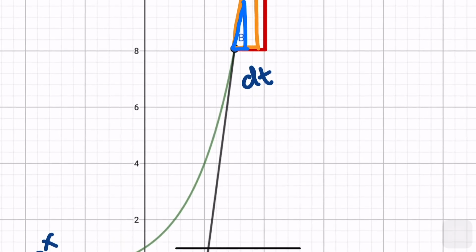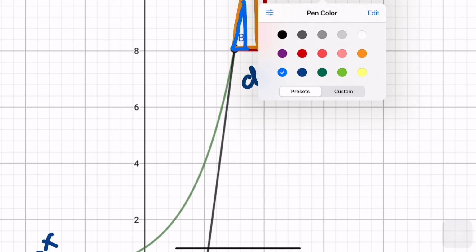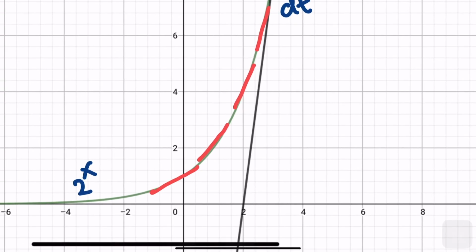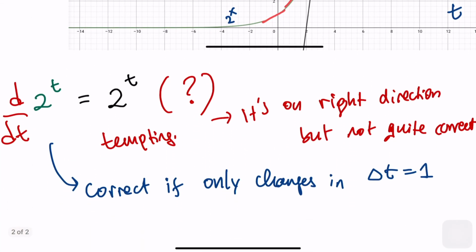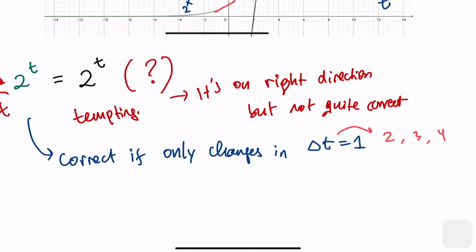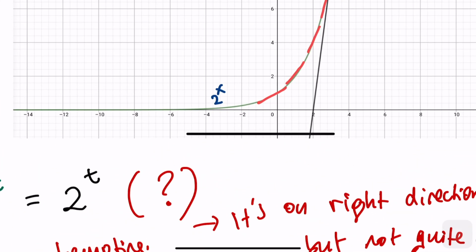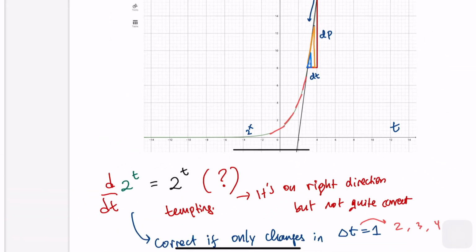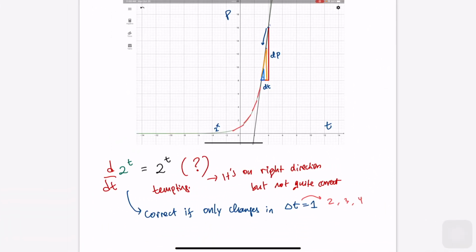When you deal with the tangent line, it's all going to be different. So if you change the delta t from 3 to 4, the line will also be different, right? So how do we deal with this?